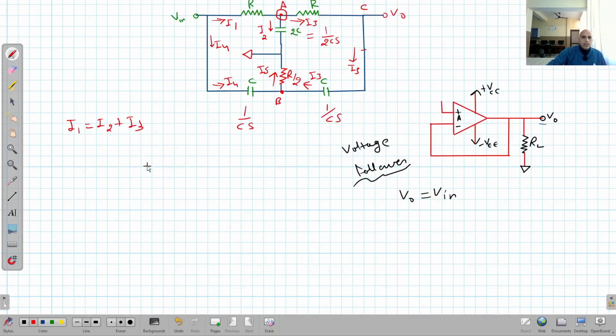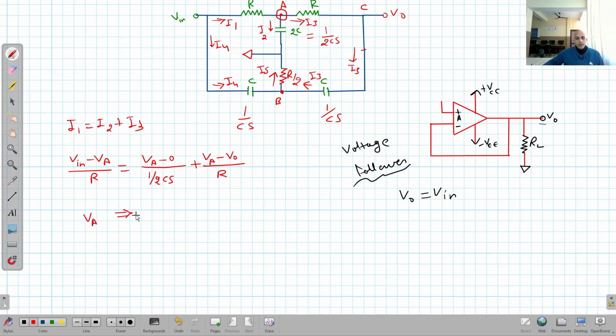When you take it in terms of voltages, it will become (V in minus VA) upon R is equal to I2, meaning (VA minus 0, because here it is ground) divided by 1 upon 2CS, plus I3, meaning (VA minus V output) upon R. Now you will simplify it, and you will get the value of VA.